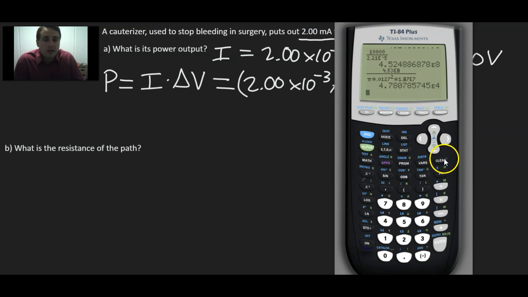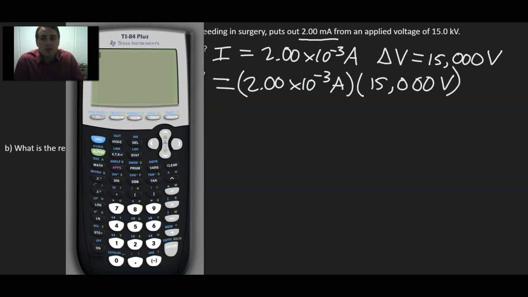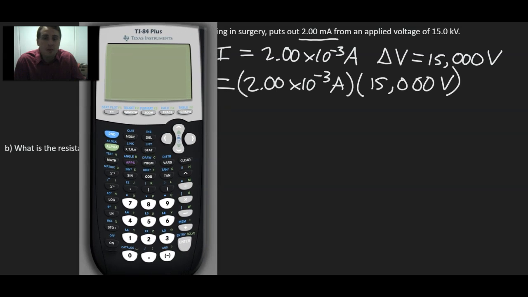So let's clear. Let's move this over. This is going to be 2 times 10 to the minus 3 times 15,000. Okay, so I've still got this in scientific notation mode, so I probably just want to go back to normal mode.